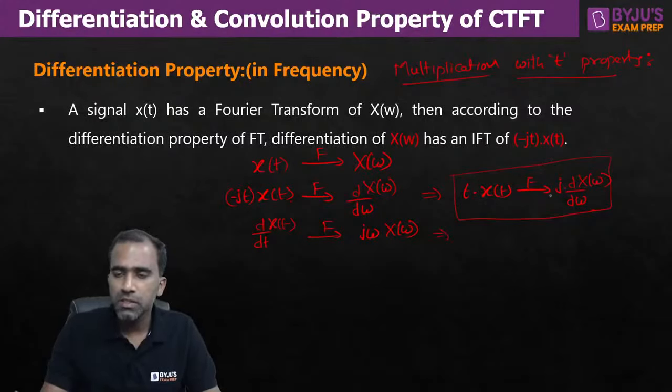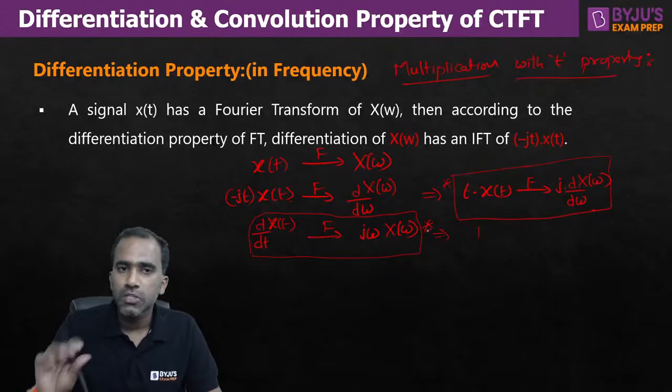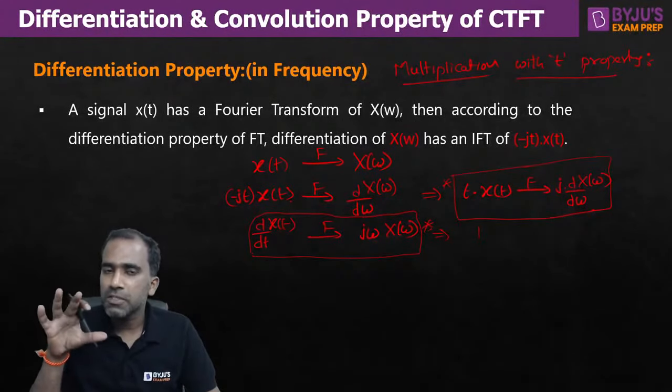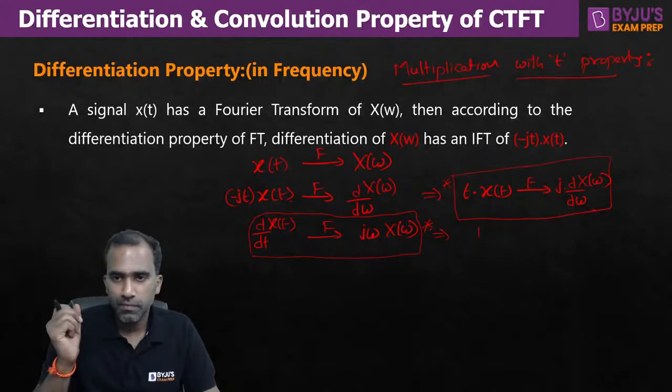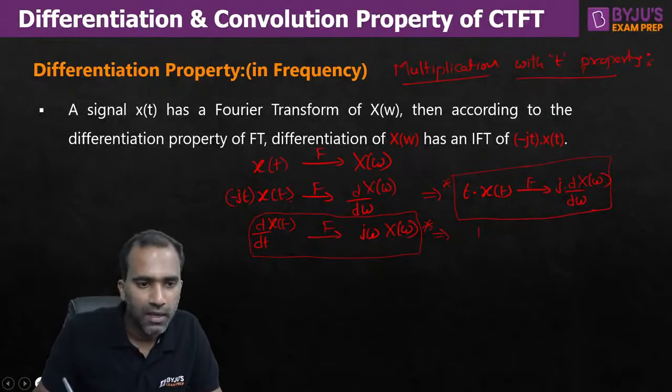Differentiation happens, with an extra j factor also. Similarly, differentiation in time domain is easy to remember in this format. This is easier to remember. So we have discussed what happens if differentiation is done in time domain or in frequency, both cases. I think you will not forget that anytime in future.